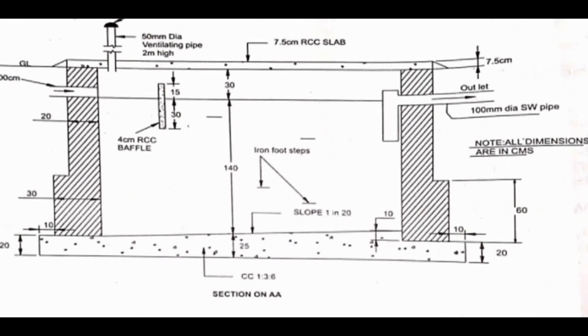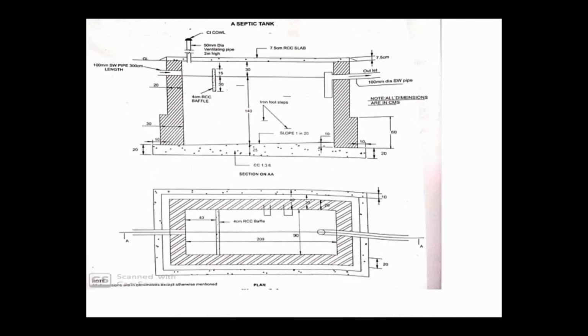You can see here the overall depth they had given. So the overall depth is 30 plus 140 plus 25, right? 195 minus 20 minus 60, you are going to get the total depth. So 30 plus 140 plus 125, it is 195 minus 20 and minus 60, you're going to get the depth.